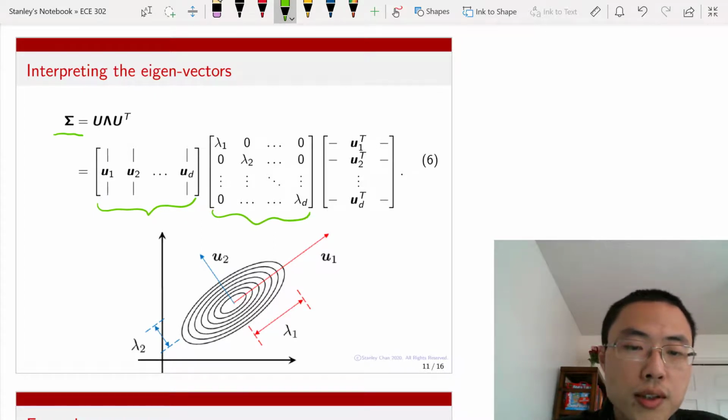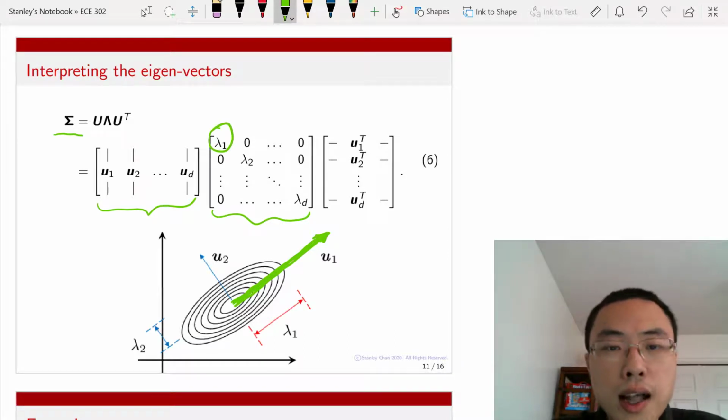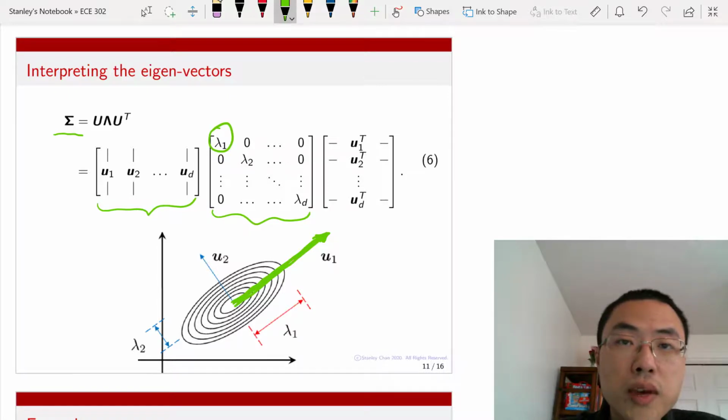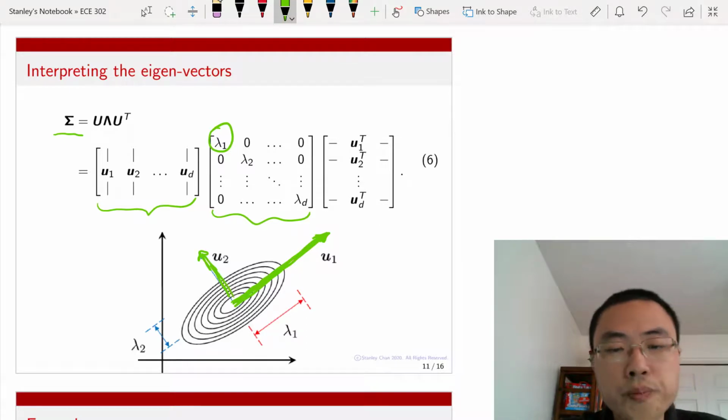It turns out that each column will represent a vector, and the first vector that corresponds to the largest lambda value would be your major axis, and then the second one will be the second axis, the third one will be the third axis.